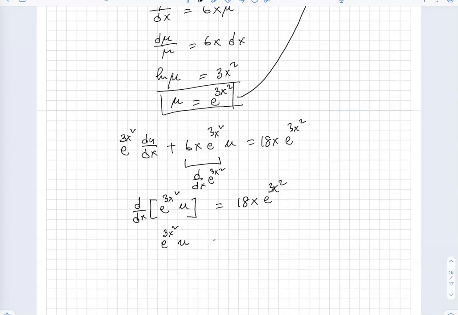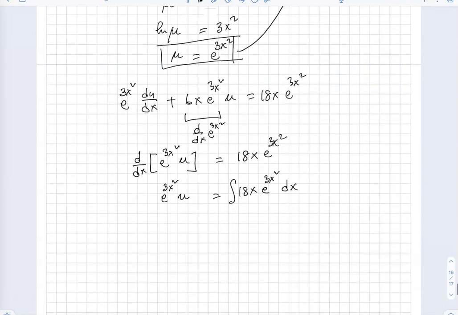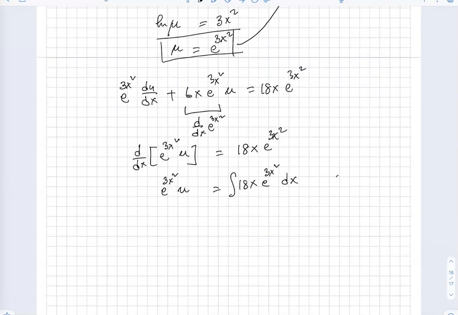So the right hand side would be just the integral of what you have. To solve this integral, again you use a substitution. Say z equals 3x squared, dz equals 6x dx. 6 times 3 is 18.